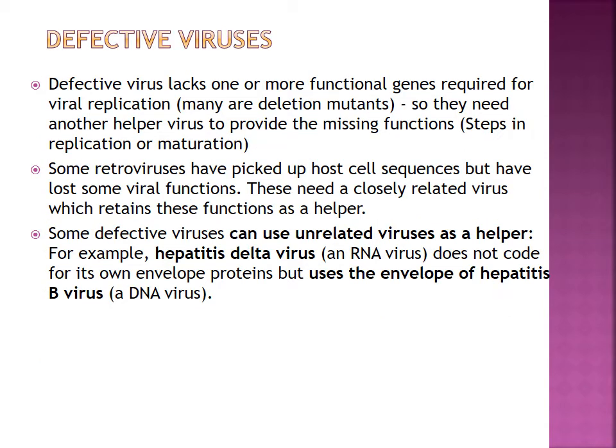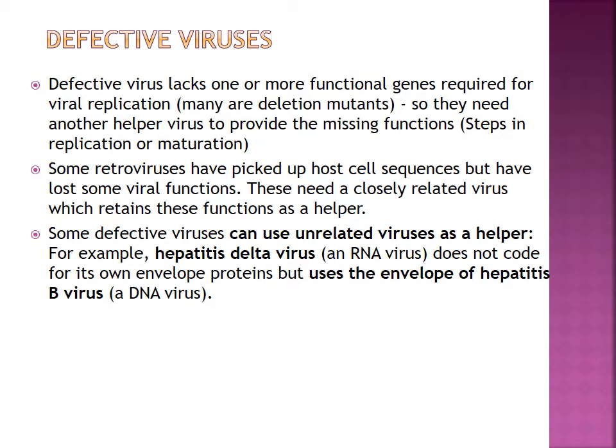So what is a defective virus? Defective viruses are those viruses that lack one or more functional genes that are required for viral replication. Many are deletion mutants. So they need another helper virus in order to provide the missing function, or steps in the replication or maturation of the virus.